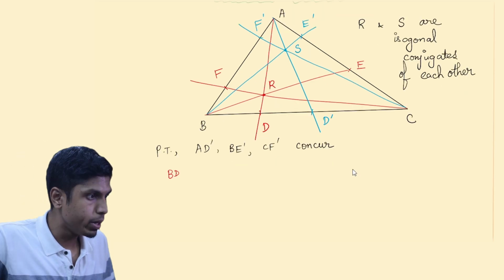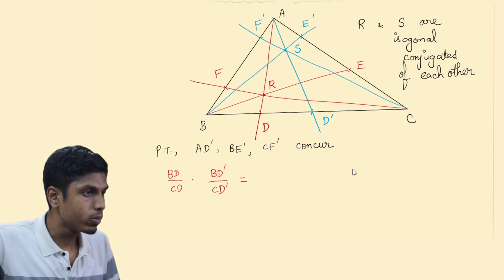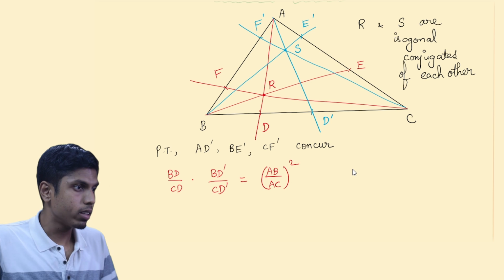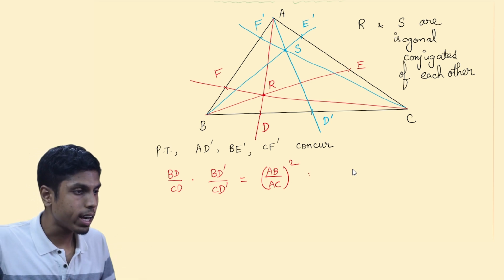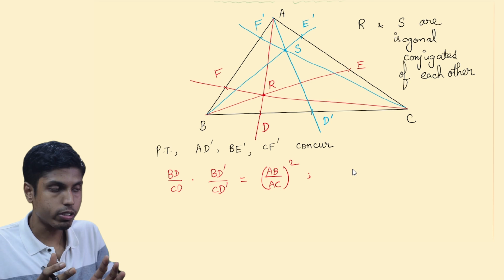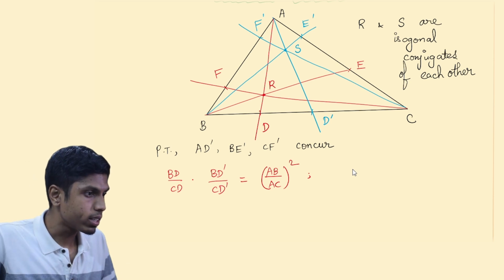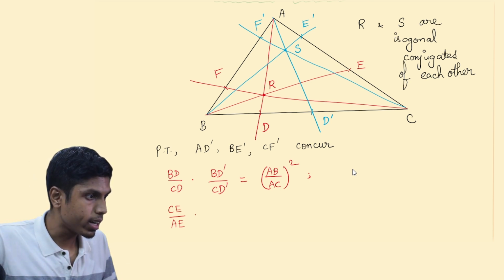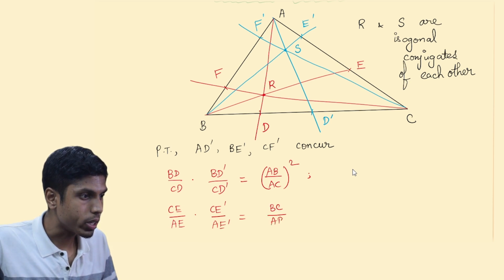So consider BD by CD times BD prime by CD prime. This is equal to (AB by AC) the whole square. This is what we had derived. And if you apply similar logic from the B vertex of the triangle, then it turns out that CE by AE times CE prime by AE prime equals (BC by AB) the whole square.